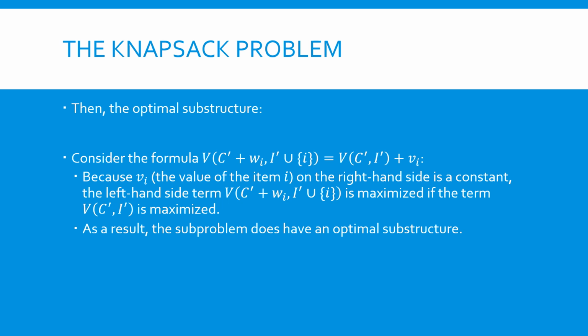Since Vi, the value of item i, is a constant, the maximum value of V(C' plus Wi, I' union {i}) can be achieved when V(C', I') is maximized. Therefore, the optimal solution to the larger problem relies on the optimal solution of the smaller subproblem. This confirms that our subproblem definition does have the optimal substructure property.